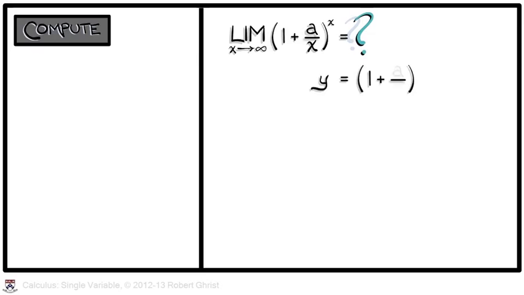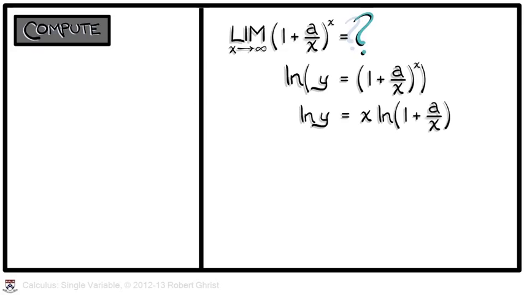We're going to, as before, let y be defined as the quantity 1 plus a over x, to the xth power. And before applying the limit operator, we're going to apply something else. In this case, the natural logarithm, to pull down that exponent of x. On the left, we obtain log of y. On the right, using what we know about logarithms, we obtain x times the log of 1 plus a over x.